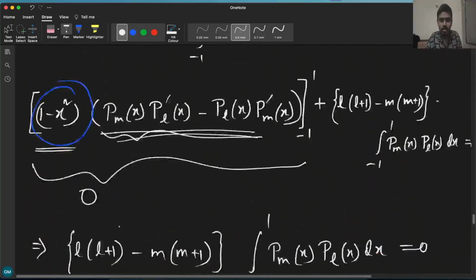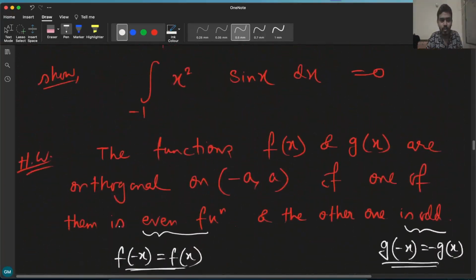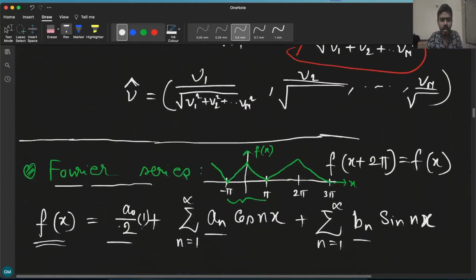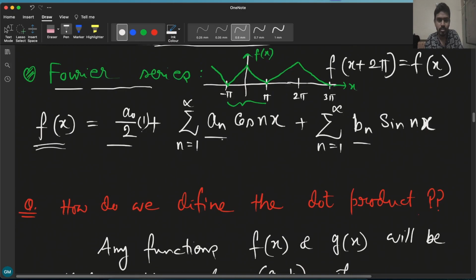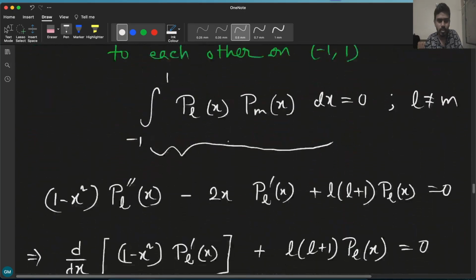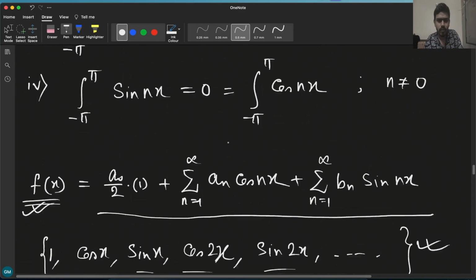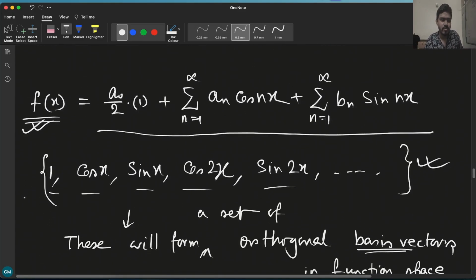We will normalize them, and then we will talk about the Legendre series, just like the Fourier series. In the Fourier series, we defined this set of basis vectors like 1, cos x, sin x, and we wrote a function subject to the Dirichlet condition as a linear combination of these basis vectors like 1, cos x, sin x, cos 2x.